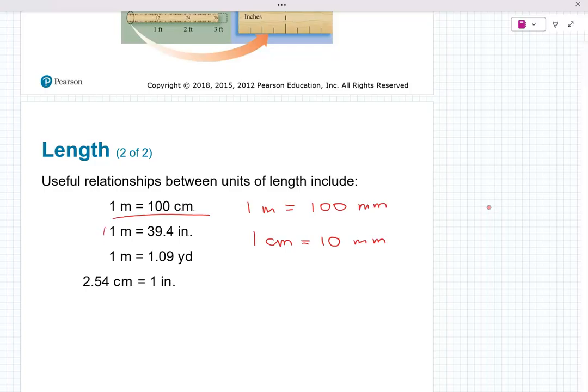Now, these are relationships between the inches, the yards, feet. Now, this relationship is basically a standard, because in many areas of human endeavor, traditionally we used inches instead of the metric system. So, for example, if you look at the calibers of guns, practically all of them are measured in inches.